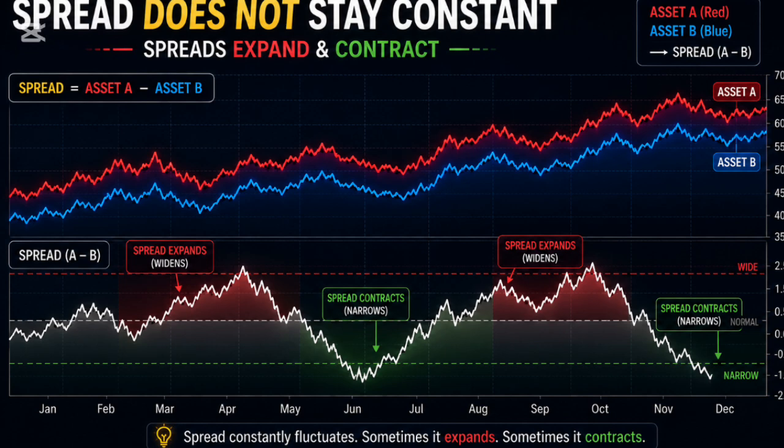So when it expands, so long as we are trading the right pairs, we wait for it to contract, to narrow, right? So you need to understand that it is not fixed. So pairs traders monitor these fluctuations carefully. We monitor it very, very carefully, right?